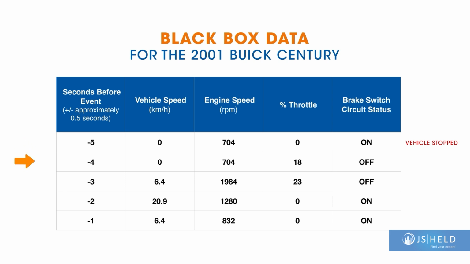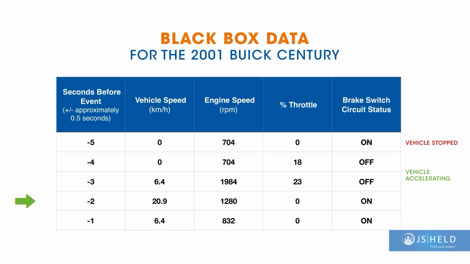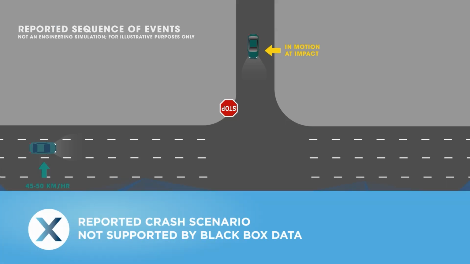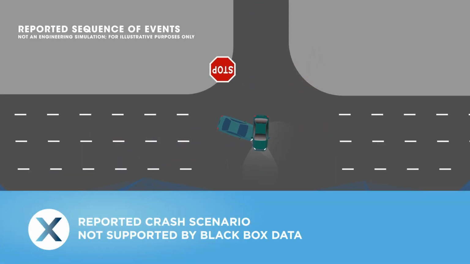At 4 seconds before impact, the driver's foot comes off the brake for 2 seconds, and the vehicle accelerates up to a speed of 20.9 kilometers per hour. 2 seconds before impact, the brakes are applied to slow down the vehicle slightly. This evidence clearly contradicts the story that the Buick was traveling through at 50 kilometers per hour when the BMW ran the stop sign.